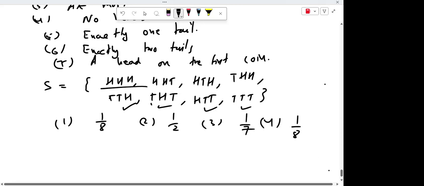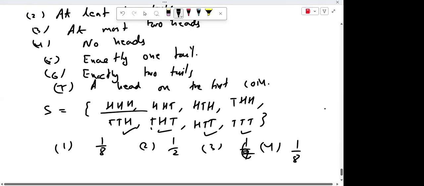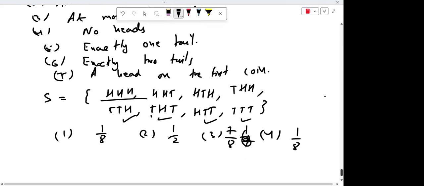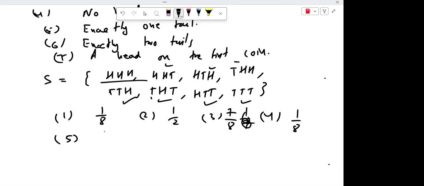Sir, isn't the third one 7 by 8? Sorry, my bad. 7 by 8. Yes. Probability of fifth one, exactly one tail, is 3 by 8. Exactly one tail is 1, 2, 3 by 8. Very good. And exactly two tails is also 3 by 8.